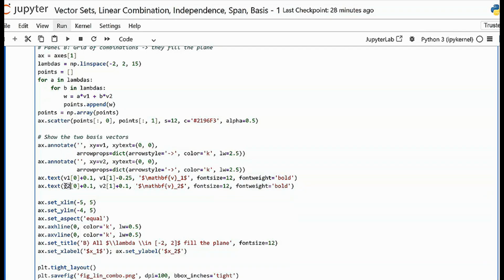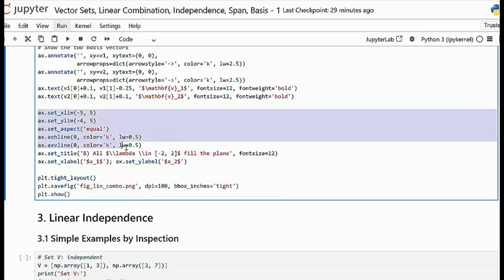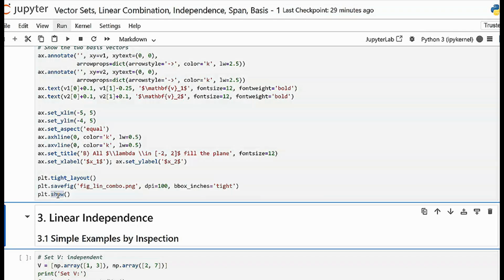It is similar to the previous one, with limits, equal scaling, axis lines, and labels. Dear friends, here we have used tight layout to adjust spacing and avoid overlapping. And if you want, you can save the figure as an image file. Let me execute it and observe.